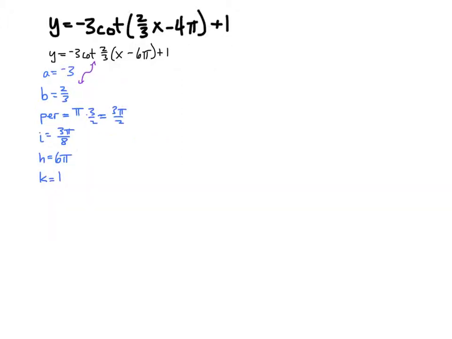Okay, so we always start with h. It's a graph, I want it in black. So I'm going to start with h and go 4 increments to the right. So my h was 6 pi.